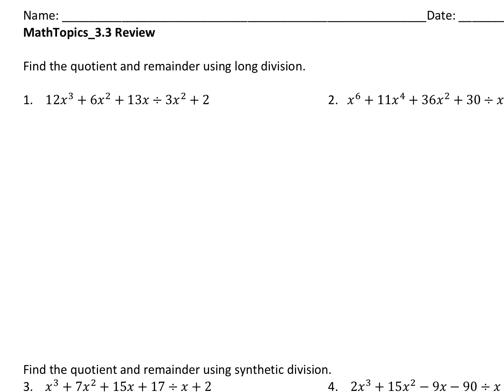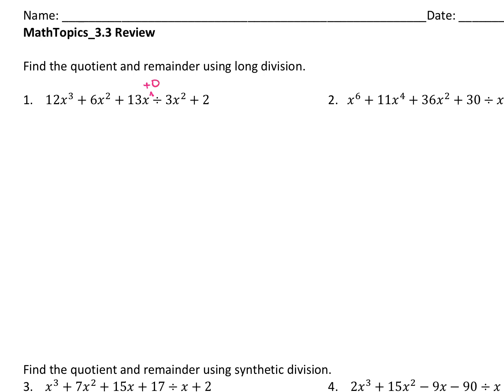Remember, you need to check to make sure that all of your variables have powers from highest to lowest. If there's one missing, you have to represent that by 0x to that power, or just plus 0. With the first part, 12x cubed plus 6x squared plus 13x, you are missing your constant, so we're going to add in a 0.